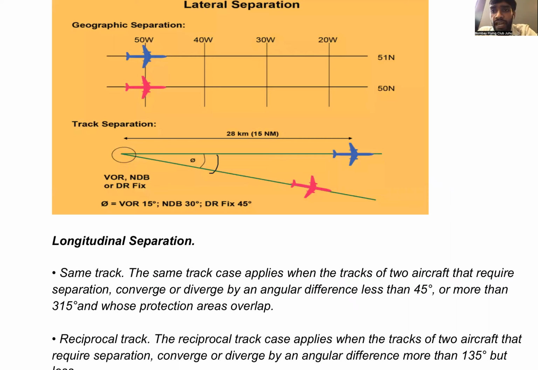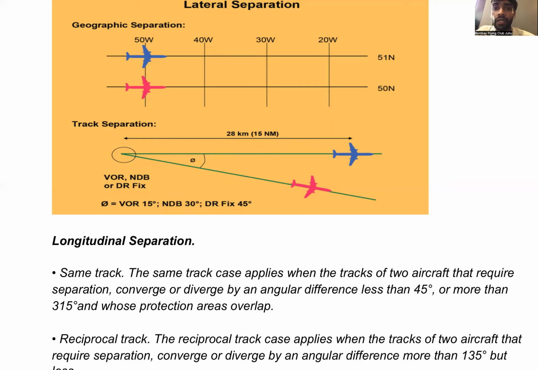If they are using an NDB as equipment for navigation, then 30 degrees of traffic separation should be provided. And if it is a dead reckoning fix, known as DR fix, that is, visually flying, then that aircraft shall be 45 degrees to the right or 45 degrees to the left of my aircraft, and they would be separated like that.